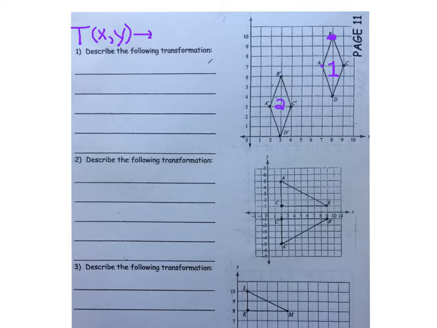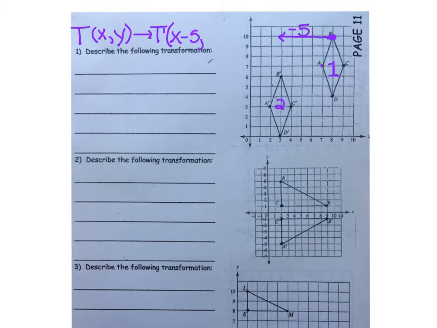Here we go. 1, 2, 3, 4, 5 units to the left, or a loss of 5, or a negative 5. 5 units have been taken away. So we would write that and represent it as x minus 5.